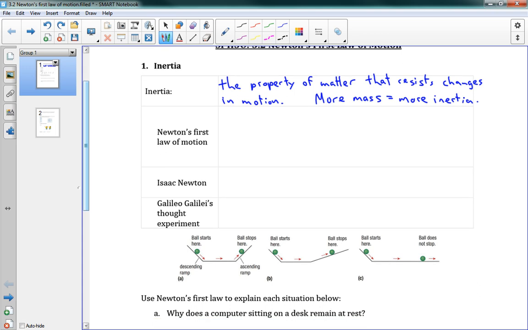This idea of inertia was already understood. It already existed before Isaac Newton, but it wasn't really very formalized.